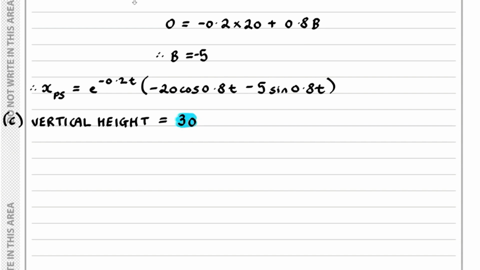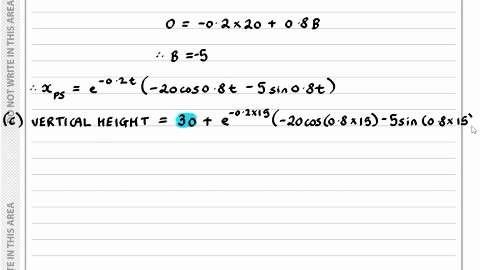What we mentioned was given to us in the question, plus, well, we know that t is equal to 15. So we have e to the minus 0.2 times 15 multiplied by minus 20 times the cosine of 0.8 times 15 minus 5 times the sine of 0.8 times 15.